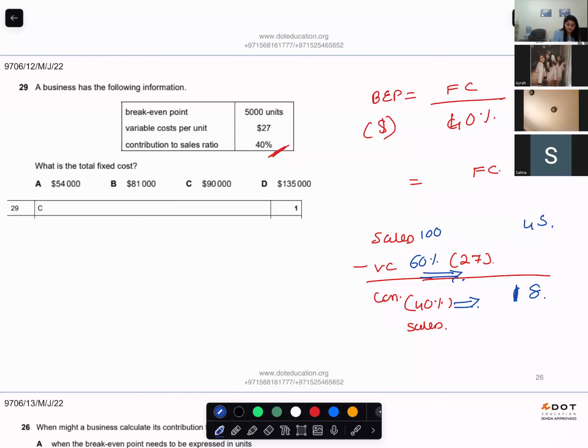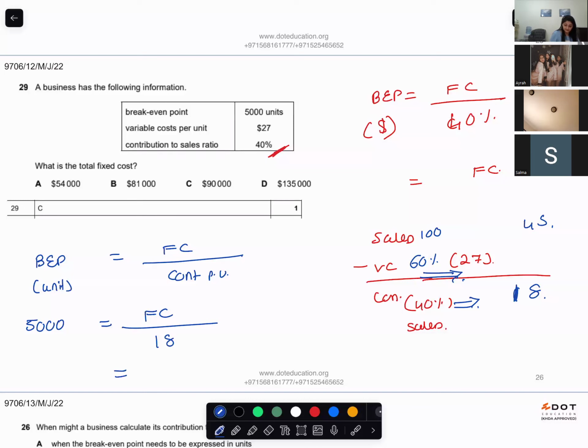Break-even point in units is fixed cost divided by contribution per unit. 5,000, what is the fixed cost? I don't know. Contribution per unit is 18. So 5,000 into 18 is 90,000. Are you with me? Yeah.